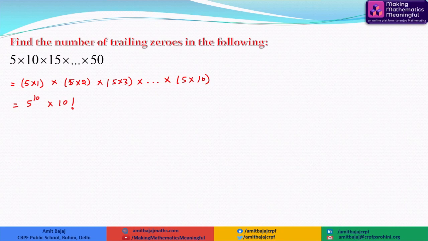Since in this case you observe that multiples of 5 are many and multiples of 2 are fewer, zeros will be contributed only by the multiples of 2. So now instead of dividing by 5, we need to consider dividing by 2. So this is 5, quotient divided again by 2, this is 2.5. We pick only 2 from here, and further the quotient is divided by 2, which is 1. So add them up. The total number of zeros in this product would be 8.